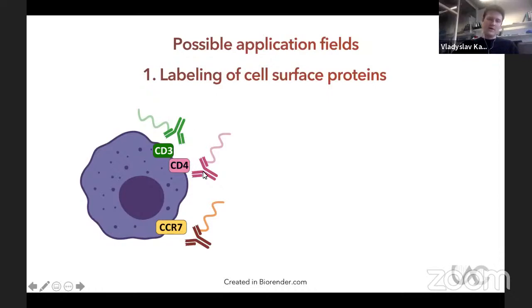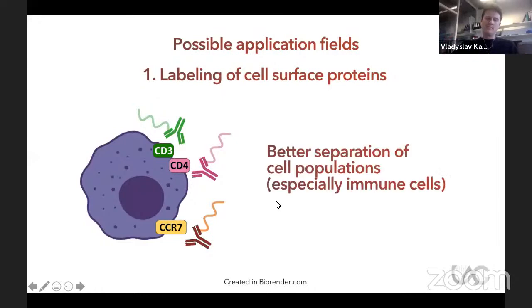You bind them, and then you get, by the sequencing, the information about the proteins that were bound by the antibodies. Very cool technique, and this information can be used afterwards to better separate and specify your cell types, your cell populations in the sample, and it may be very helpful, especially in immunology.